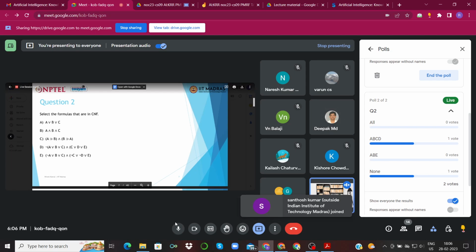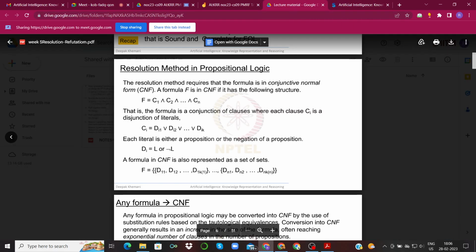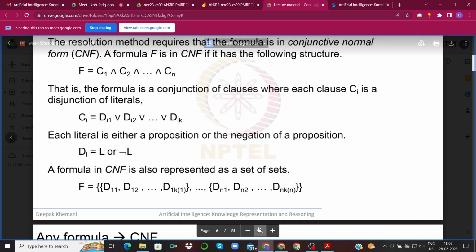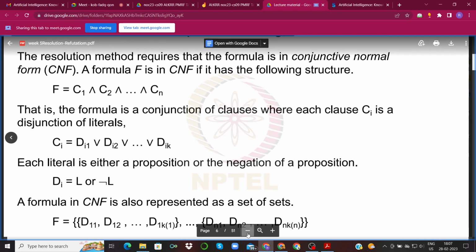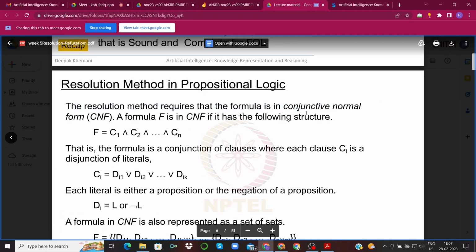I'll just revisit the definition of CNF for the sake of those who might not remember it. Can you see this screen? CNF is conjunctive normal form.